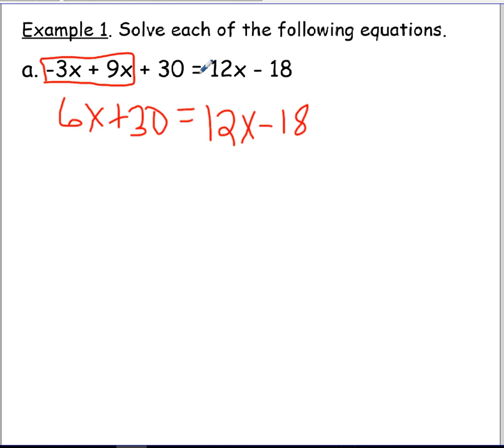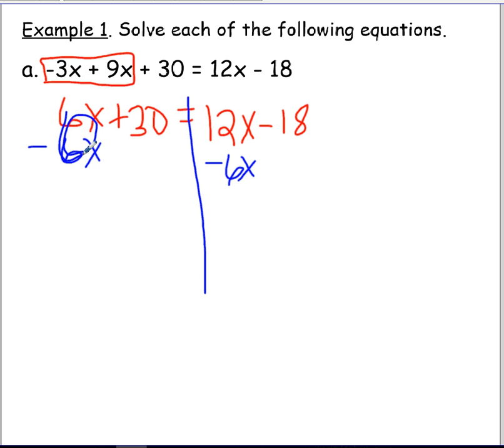And now that we have only two terms on either side, we can go ahead and start doing the opposites, moving the x's one way and the constants the other. So to isolate the x terms, I like to move the smallest amount of x's to the larger. And so 6 is smaller than 12, so I'm going to get rid of 6x on the left by subtracting it off, because 6 minus 6 is 0.